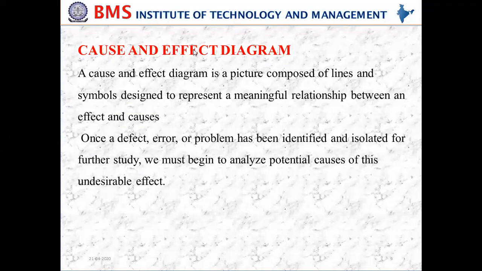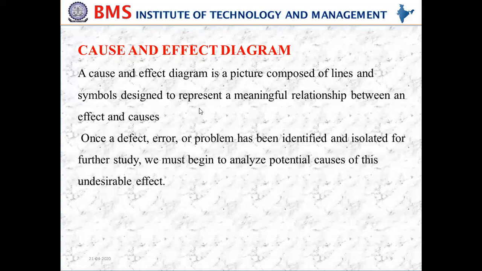A cause and effect diagram is a picture composed of lines and symbols designed to represent a meaningful relationship between the effect and causes. So the effect will be on the right side and the causes will be on the left side.